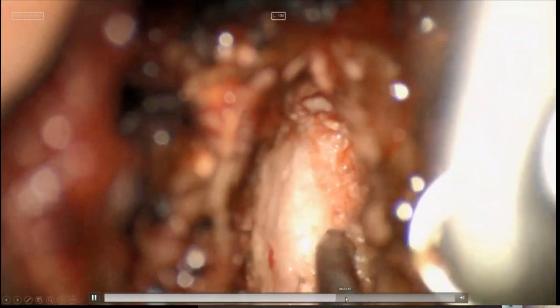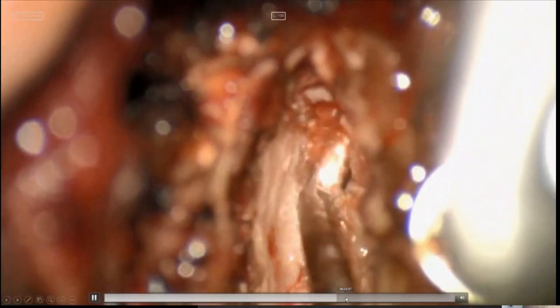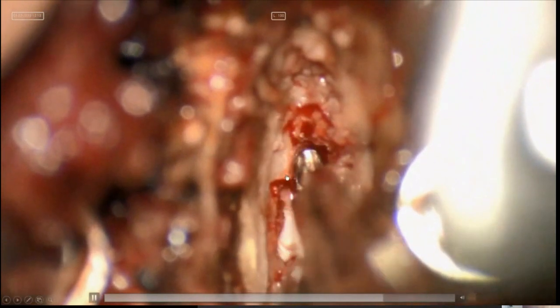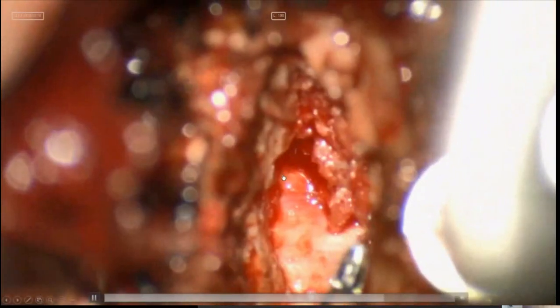This is a gradual, long process. Again, trying to dissect any soft tissues or osteophytes from the dura, keep going. And finally, we can see the shiny dura, and I'm still taking out more osteophytes.